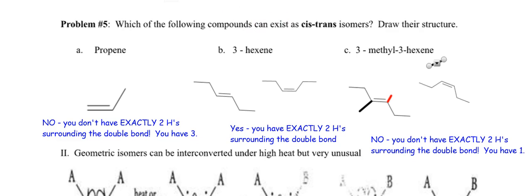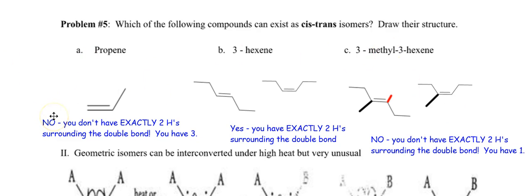I thought I was going to do something fun, but it doesn't look like I'm going to. So let's turn it back to where it was. They're the same structure is what I was trying to show you, because we can rotate this. That's what I was trying to show you: this is a sigma bond and I can rotate it so it's coming down like this as well. So it doesn't work. It is not cis or trans.